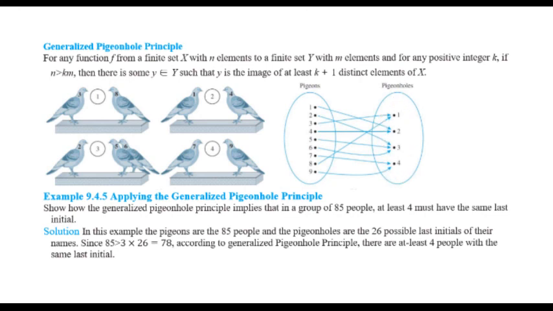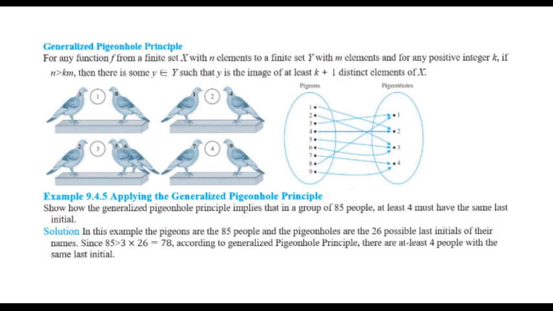And as a result, you see that there is one element like 3 in the codomain that is the image of more than 2 elements in the domain. So basically, if you consider k equal to 1 in the generalized pigeonhole principle, you'll get the original pigeonhole principle that we defined in the previous slide.